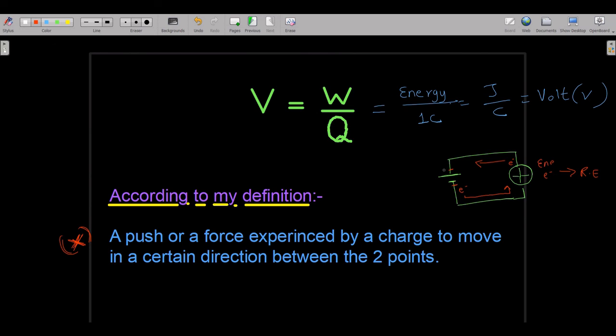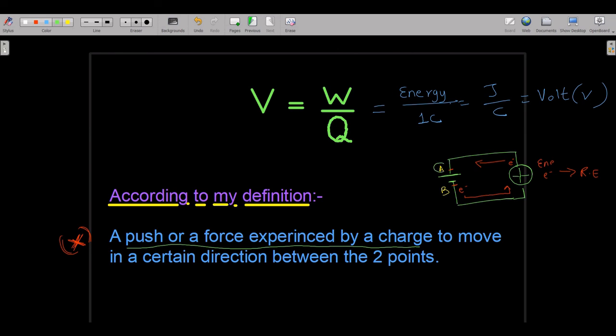Now let's assume this is point A and this is point B. So what this definition tells you is that the push or the force experienced by a charge, that means the electrons, as you can see, has experienced a certain force due to which it has moved from point A to point B, to move in a certain direction between the points.